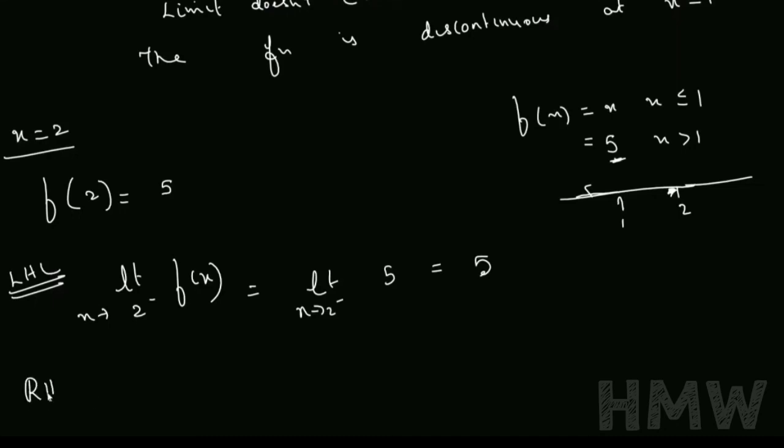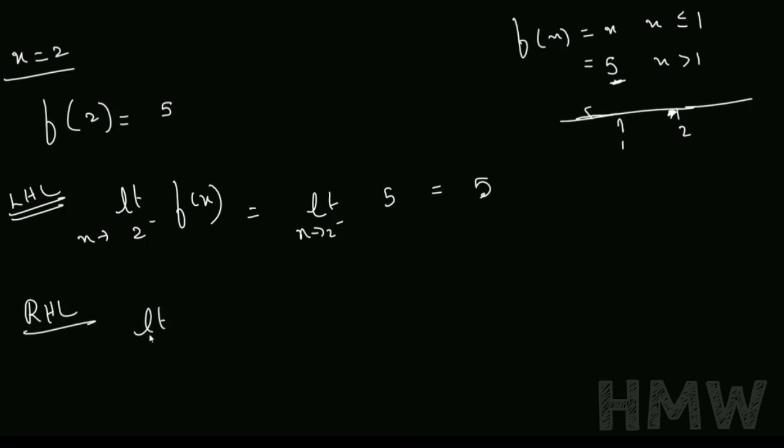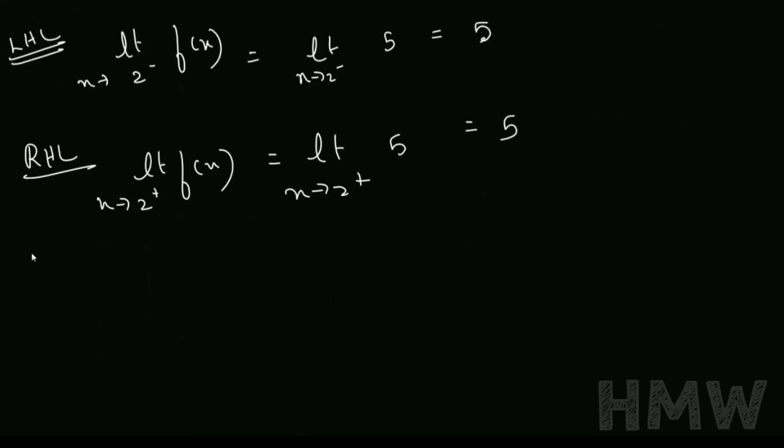Now right hand limit. Right hand limit is limit x tends to 2 plus of f of x. So limit x tends to 2 plus, what is the function right of 2? It is again 5. So left hand limit is equal to the right hand limit, which is equal to 5.